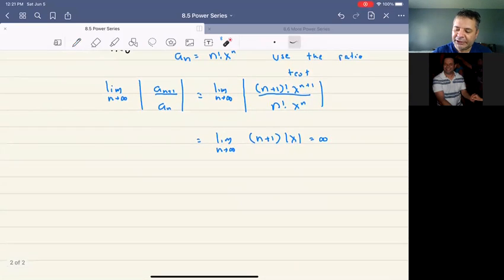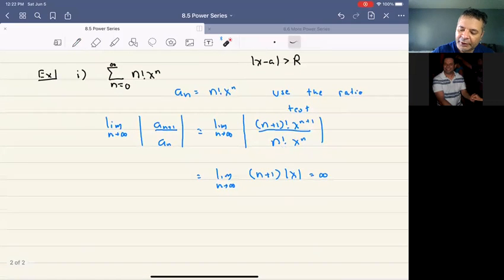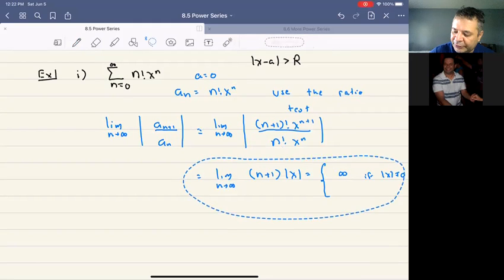So here our a is 0. Now, if x equals 0, then this is just going to be 0. So I should write that this limit equals infinity if x is not equal to 0, and of course it equals 0 if x equals 0.